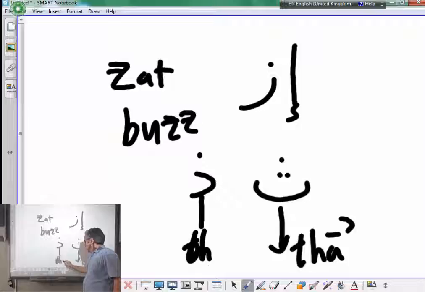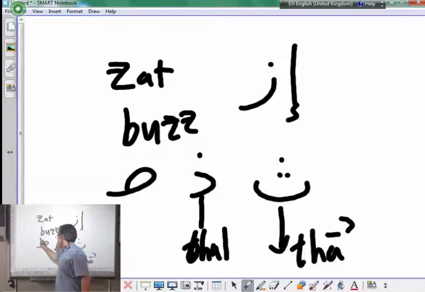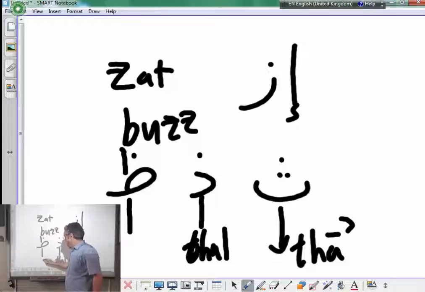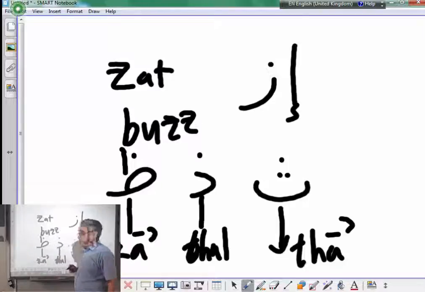I think it will look like dal, like that. Tha, dal, and the third one is called va. I think usually they put Z and a dot and put that one. Va, say it, va. So let us see where these three letters are emitted from.